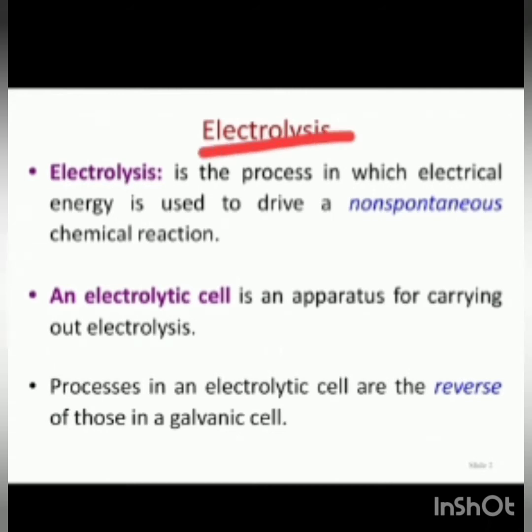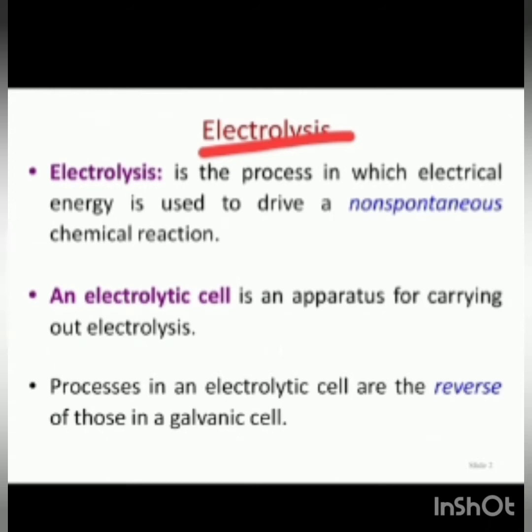Electrolysis is the process in which electrical energy is used to drive a non-spontaneous chemical reaction. Do you know what a non-spontaneous chemical reaction is? Non-spontaneous reactions are reactions that need a catalyst or energy to lower the energy requirement to take place.